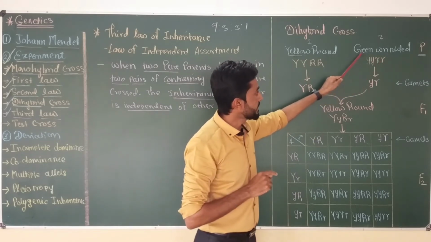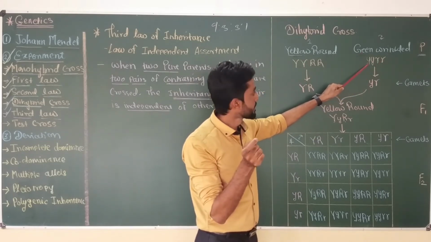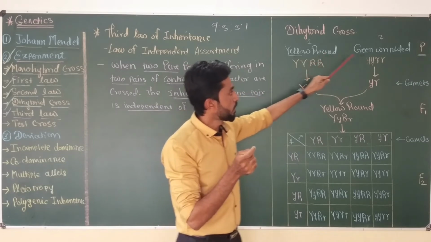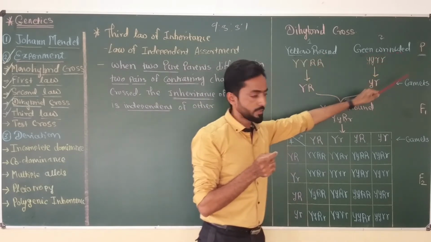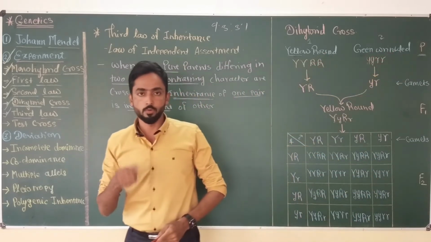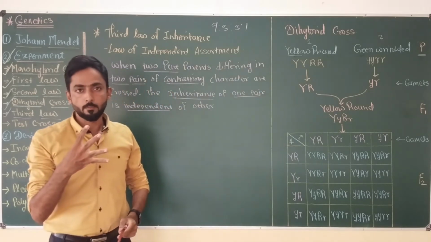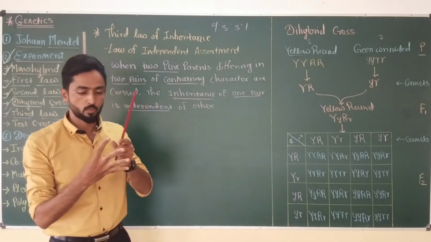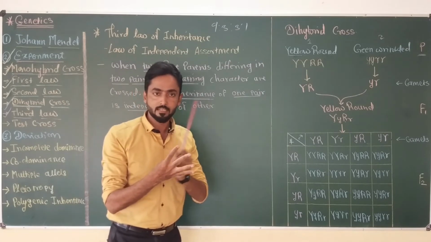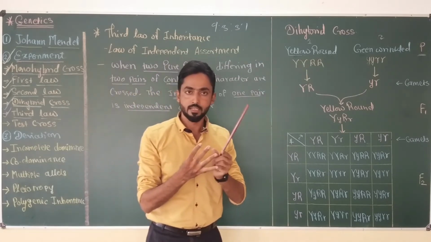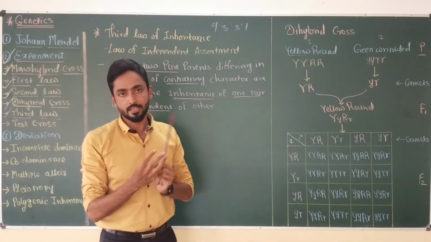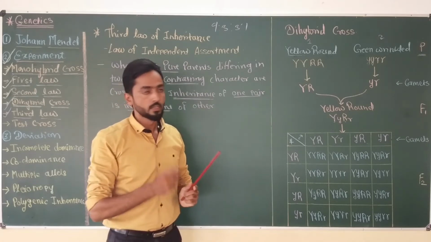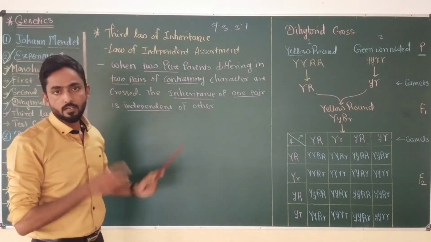Similarly, this green color or small y gene can combine with round or wrinkle. That means in F2 generation, we are going to get four different types of offspring: one with yellow round seed, another with yellow wrinkle, then green round and green wrinkle. And this proves the law of independent assortment.